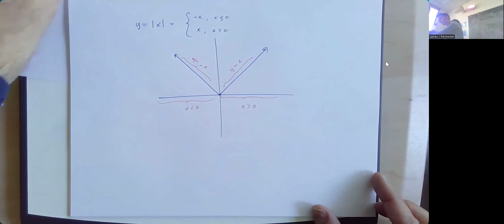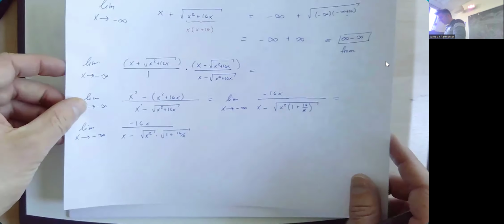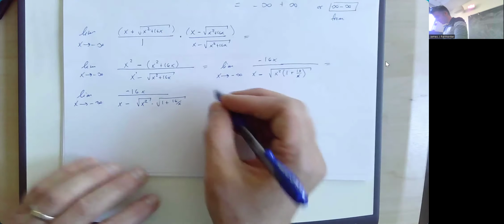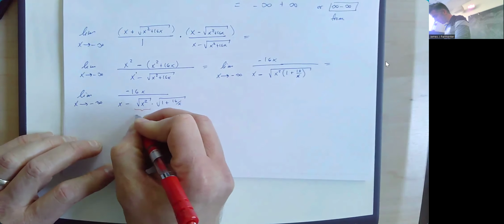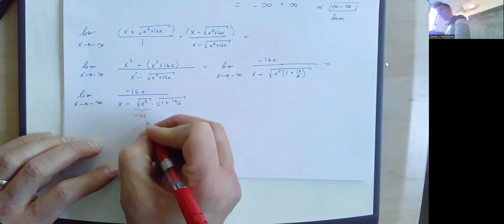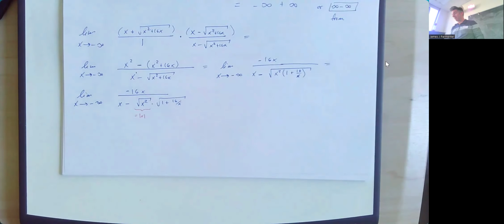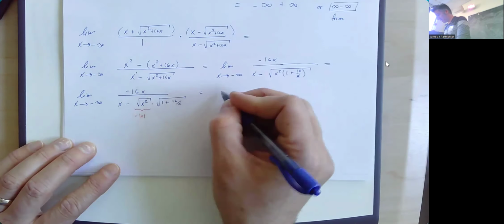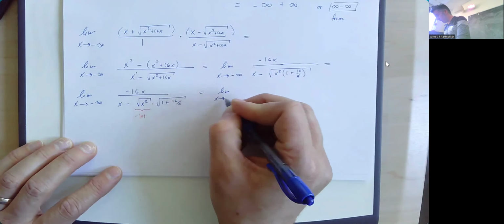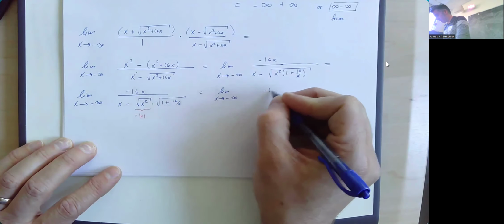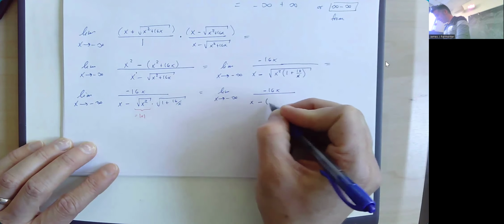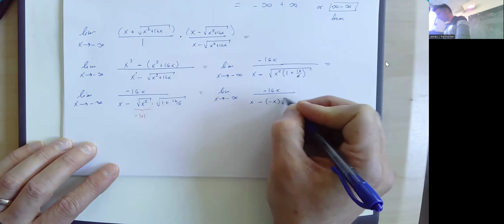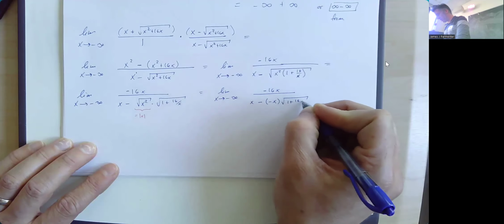So what that means for us over here is that when I rewrite this, check this out. This square root of x squared is equal to the absolute value of x. And in this case, that is going to be negative x. So we're going to write this as the limit as x goes to negative infinity of negative 16x divided by x minus negative x times the square root of 1 plus 16 over x.